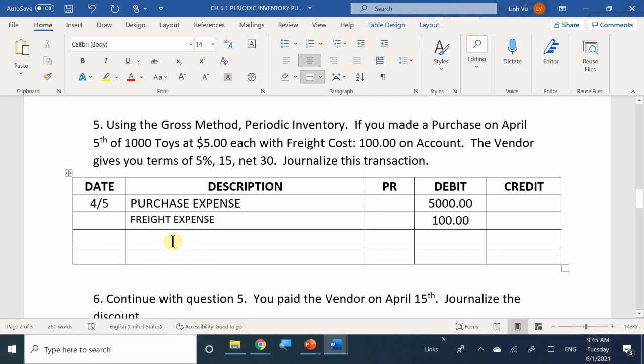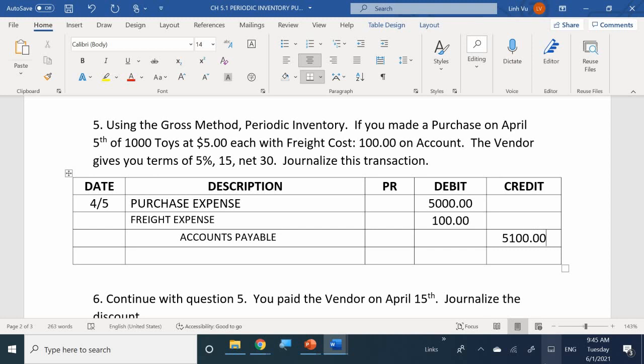Right? So in this case, because I placed it on an account, what account am I going to be using here? Accounts payable. Accounts payable, good, right? We owe money to this vendor for a total of $5,100.